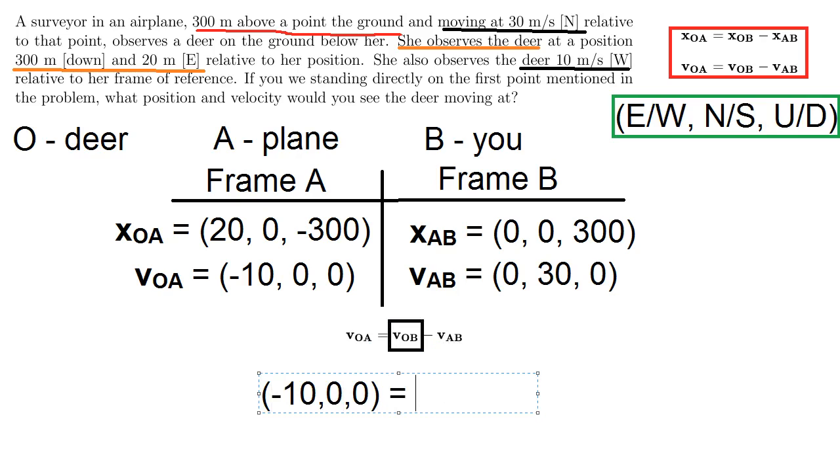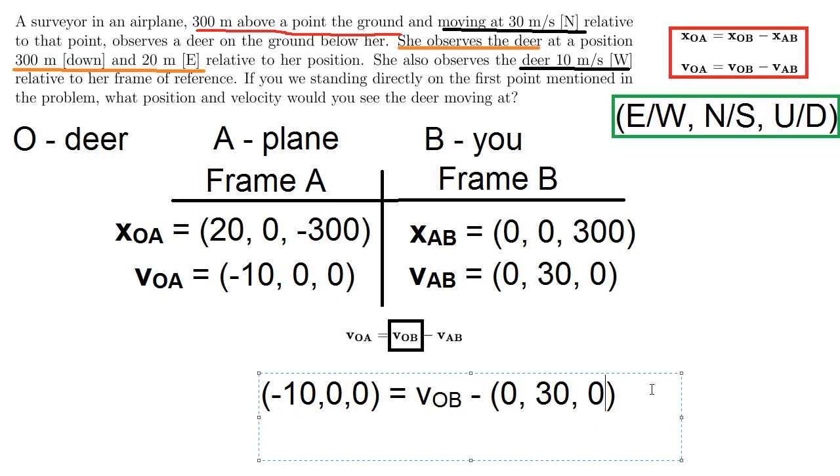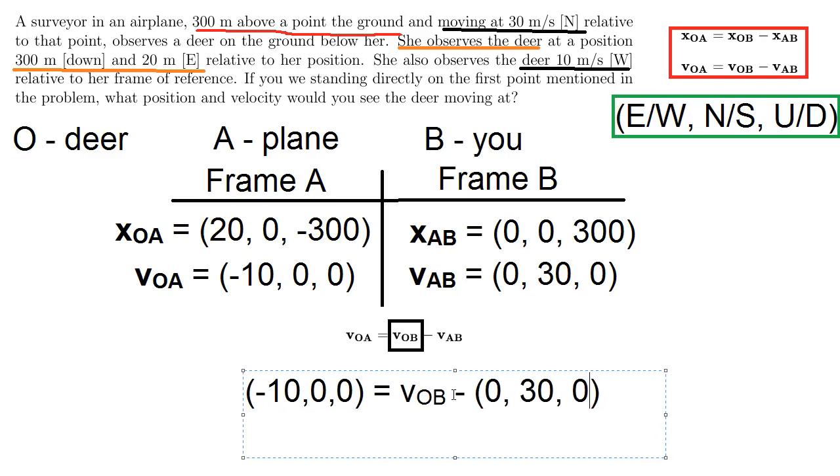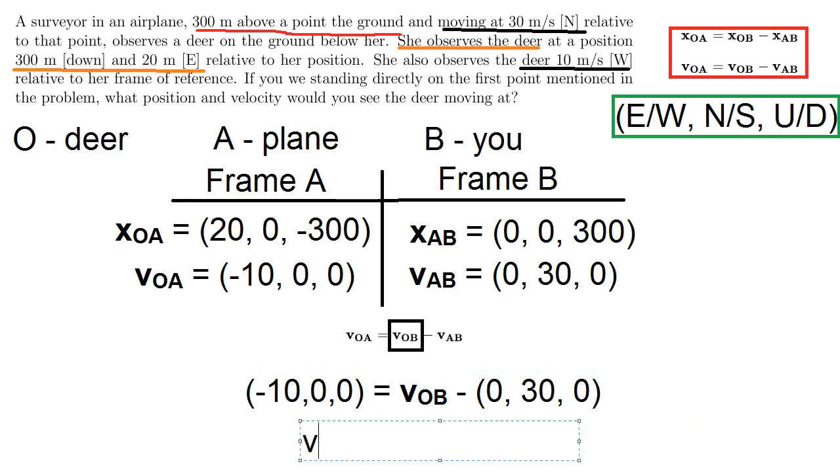This is equal to VOB minus VAB, which is 0, 30, 0. That's a nice coordinate transform. So in the same fashion, we can solve for VOB by doing some vector algebra.